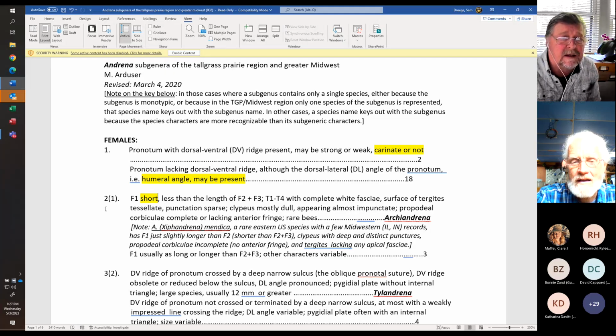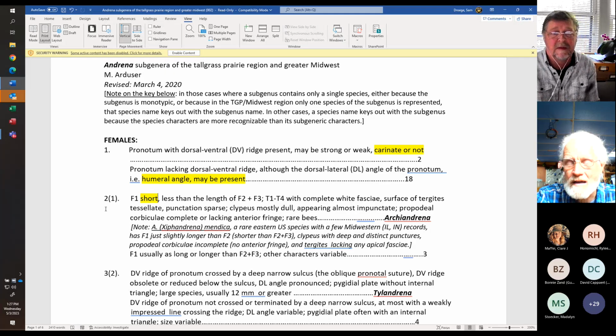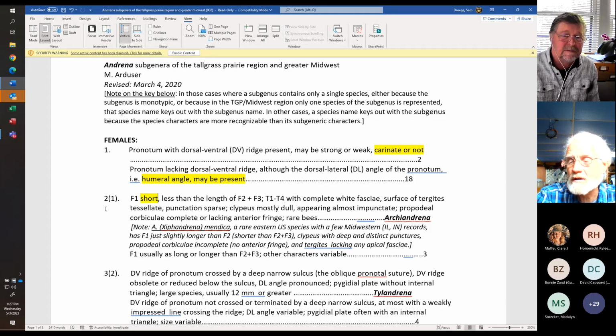I'll mention that I recently saw Mendica, which I'd never seen before, in a whole bunch of canopy traps from Georgia. If you look at collections, almost none of that species have been found recently. Super rare. The total numbers are really rare too. So something to think about.